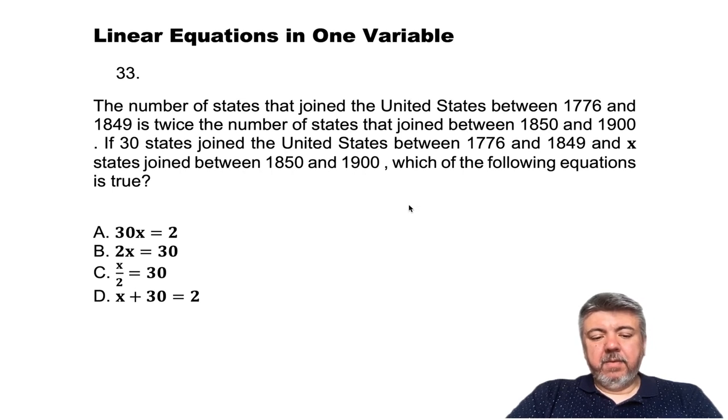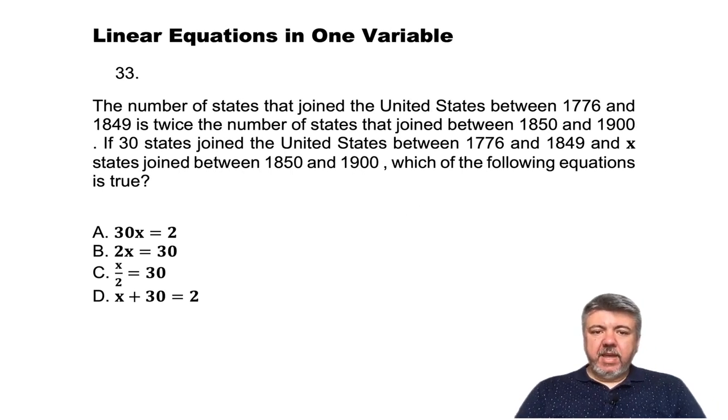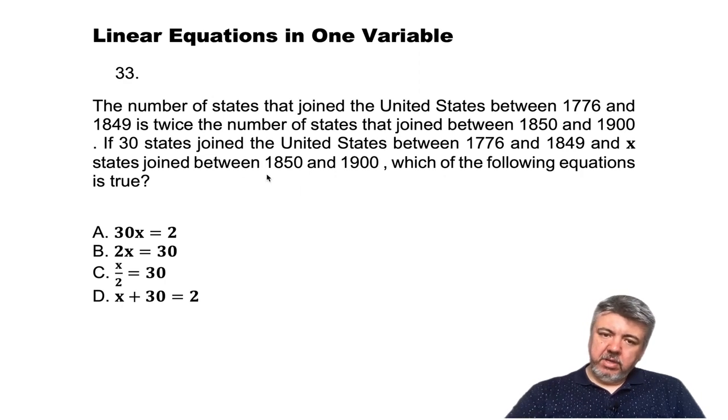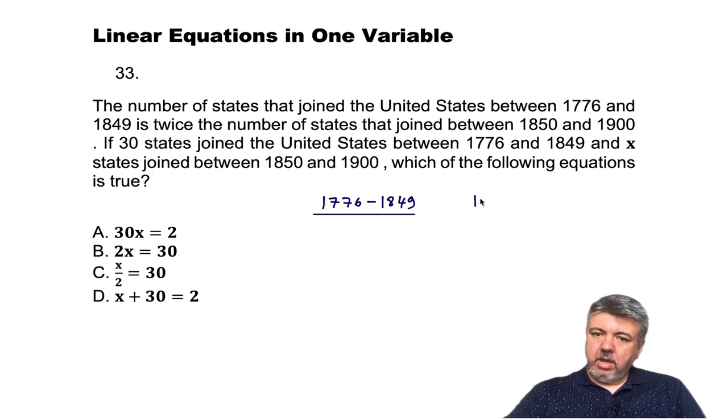Question 33. The number of states that joined the United States between 1776 and 1849 is twice the number of states that joined between 1850 and 1900. Okay, let me draw something. 1776 and 1849, and 1850, 1900.